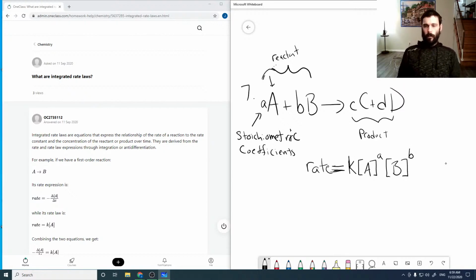Now, if we wanted to know the rate of change of our A species, which is just dA by dt, then it's going to be equal to this rate.